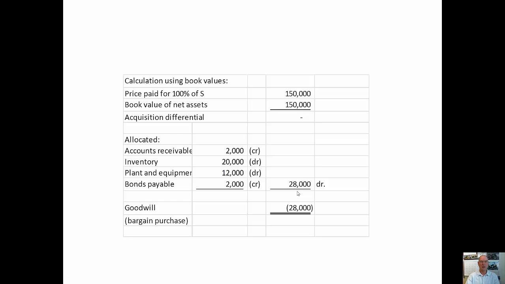Now remember what we did before. We took the acquisition differential and we subtracted $28,000. Well, we're going to do the same thing. 0 minus $28,000 is minus $28,000. That matches our check figure from before. It's the right number, and we can move along and do our consolidation.